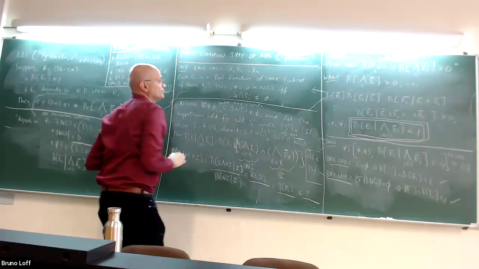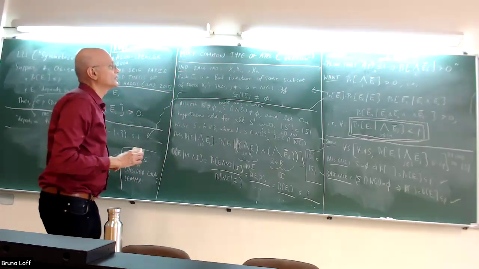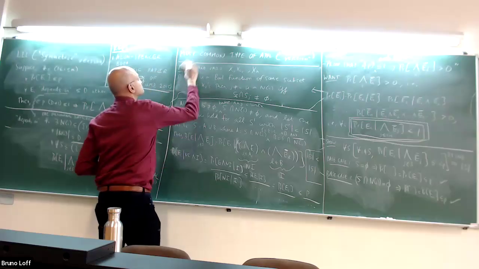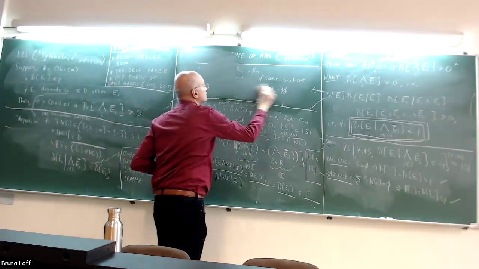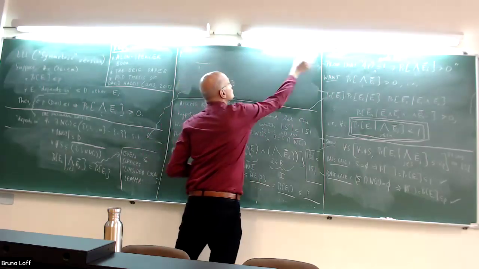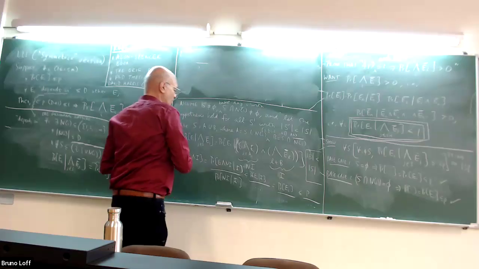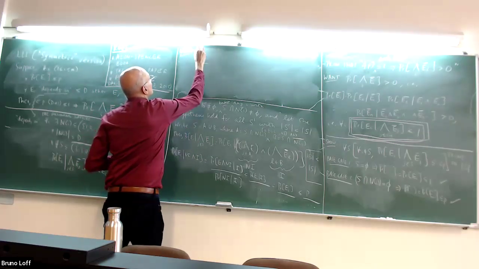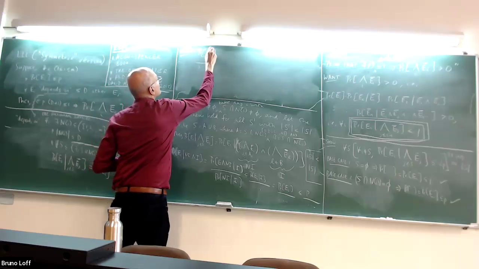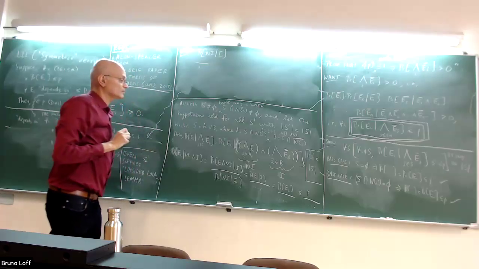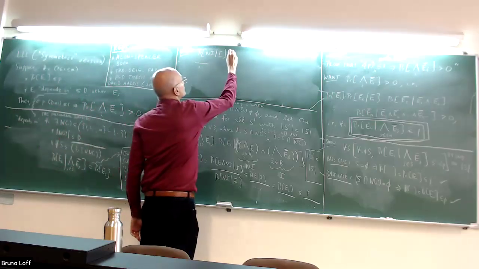Now let me erase the top. Because D is at most 1/(4P), we do a union bound again. So we want the probability of N_I given I to be greater than or equal to half.